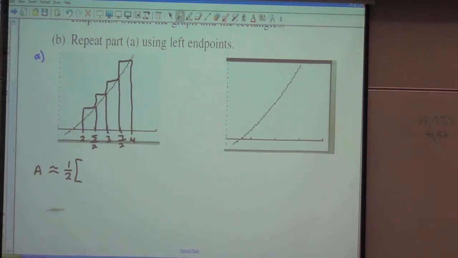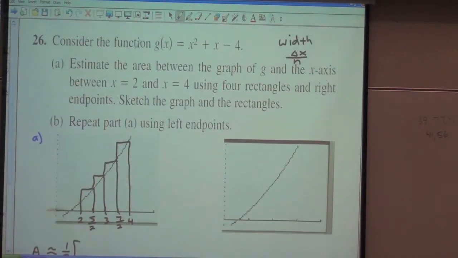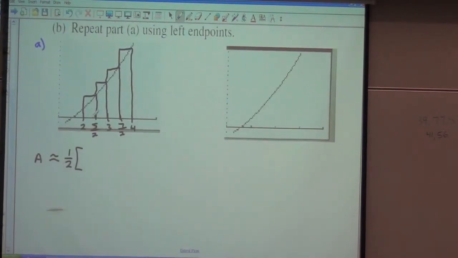The function is x squared plus x minus 4. So the height of this rectangle would be g of 5 halves. The next one would be g of 3, the next g of 7 halves, and then g of 4.